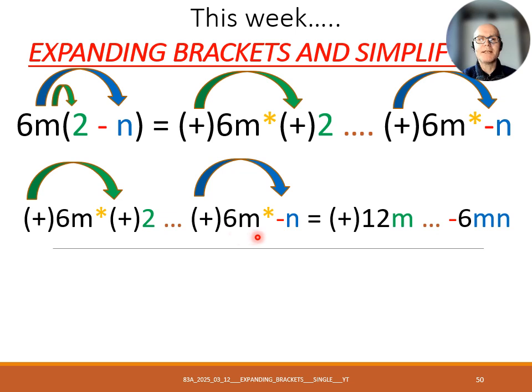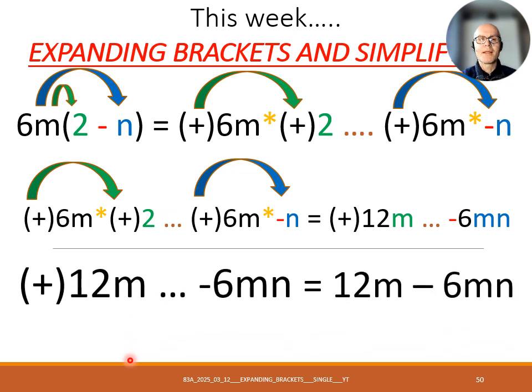Positive 6m times negative n equals negative 6mn. Positive 12m. Drop the positive sign, start our answer with 12m, and then change the negative sign from the negative 6mn to subtract 6mn. So our answer is 12m subtract 6mn.